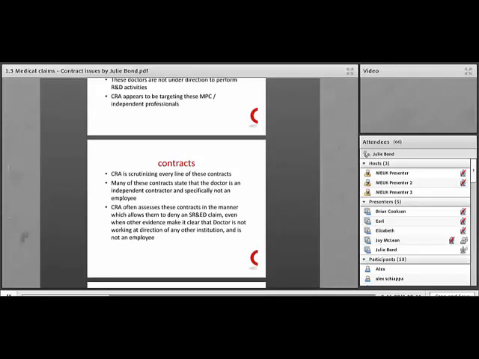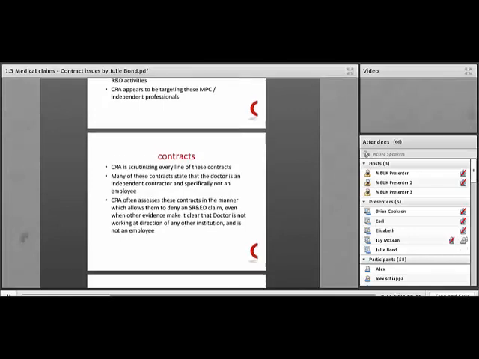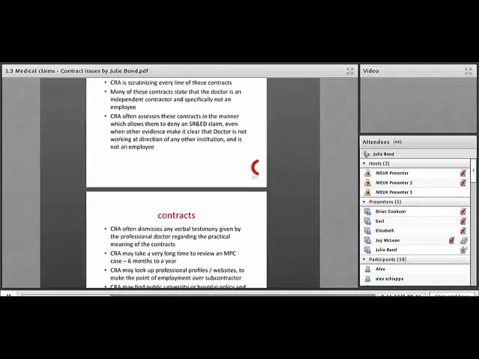We see CRA assessing these contracts in every way possible that allows them to deny the claim. Not in all cases, but sometimes, even if there's other evidence that the doctor is working independently and does not work for the institution directly, CRA still takes the position that they are an employee when the evidence would suggest otherwise.